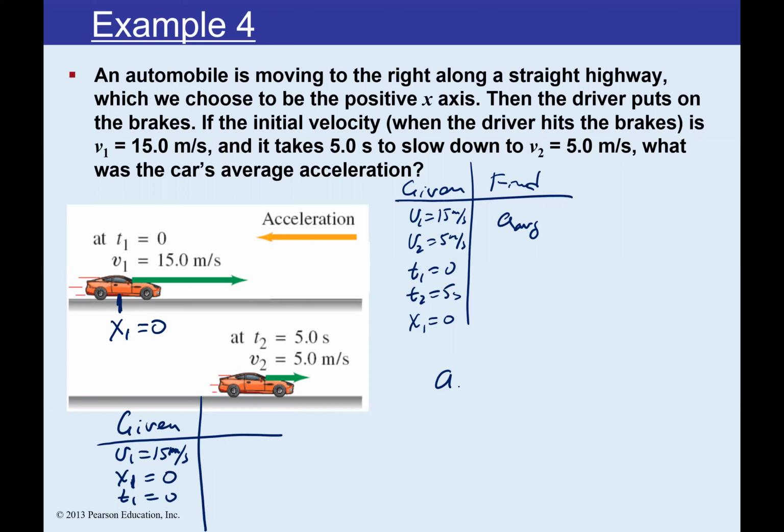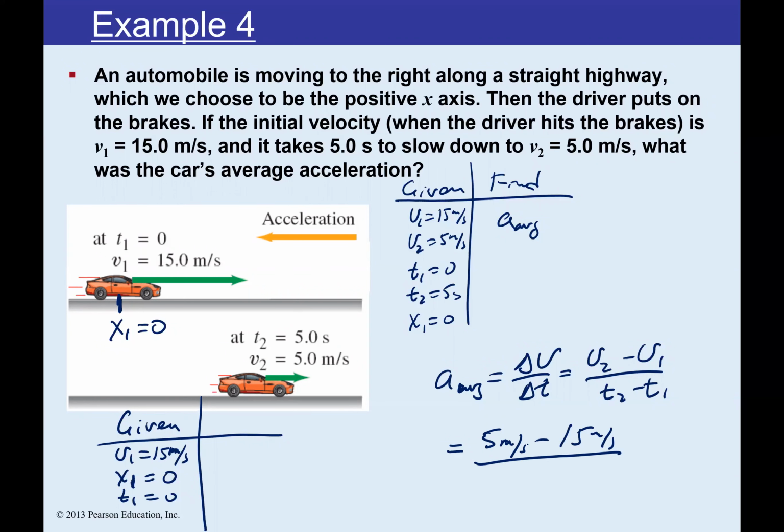So A average is equal to delta v over delta t equals v2 minus v1 over t2 minus t1. And so this is equal to 5 meters per second minus 15 meters per second divided by 5 seconds minus 0 seconds. And I'm going to get negative 2 meters per second squared.